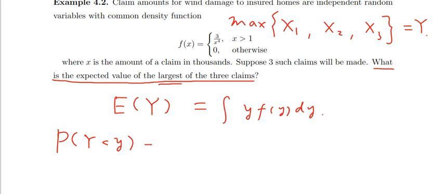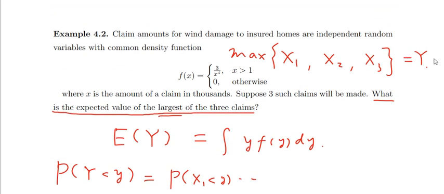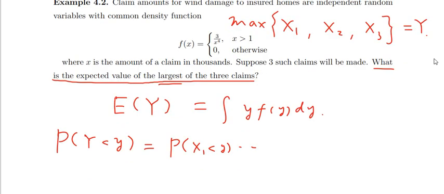So X1 less than y, and X2 less than y, X3 less than y. Those X1, X2, X3 follow the same density function, so this equals F(y) to the third power.